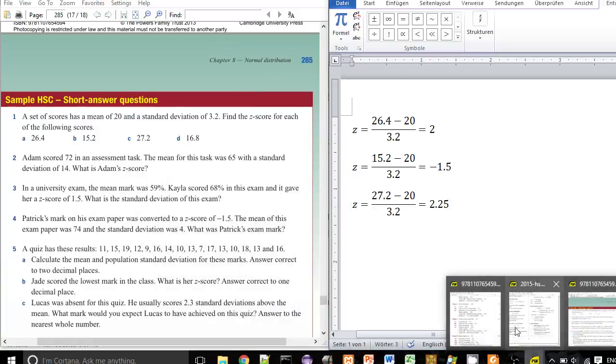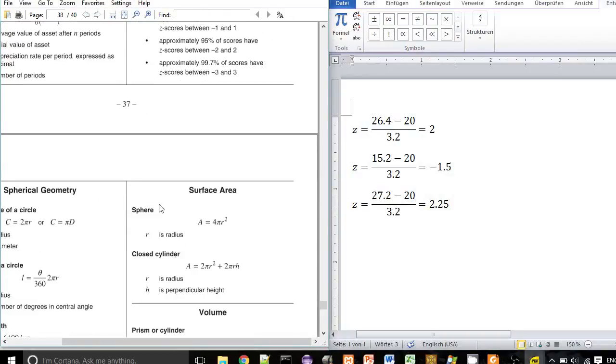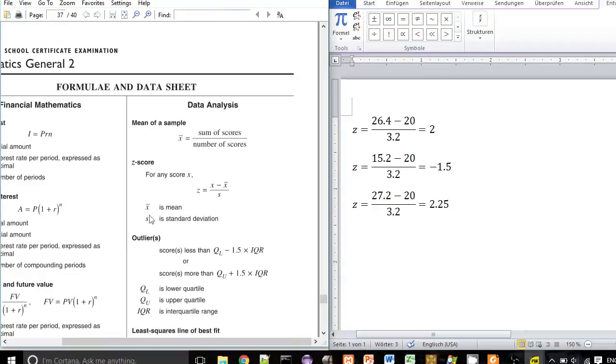Let me just see if there's a formula for it. Normal distribution. Here we go, z-score. So there's this one. Yeah, that's what I'm using. I don't even need to think about it. That makes sense to me. Notice if you made X the subject, well, I'll just write it here so you know what I'm talking about. X would be, plus sz.